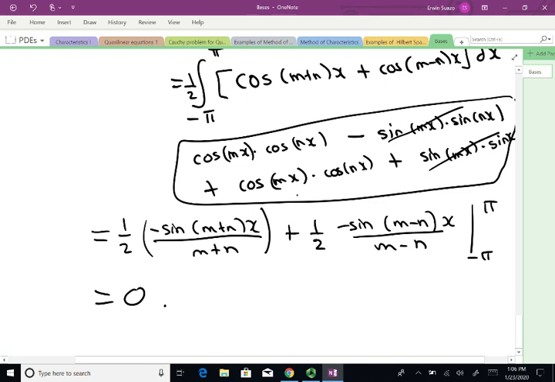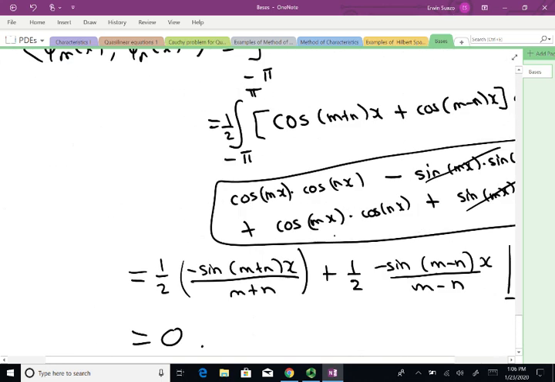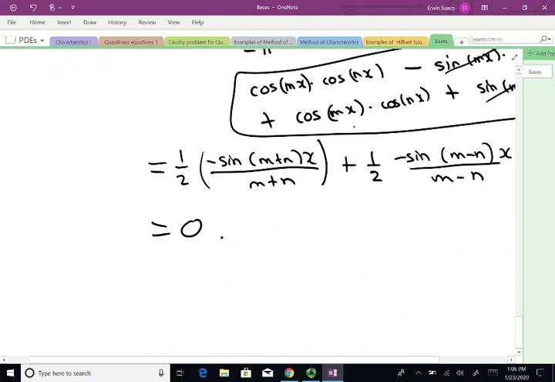So you can improve this set further if you find the norm of these.